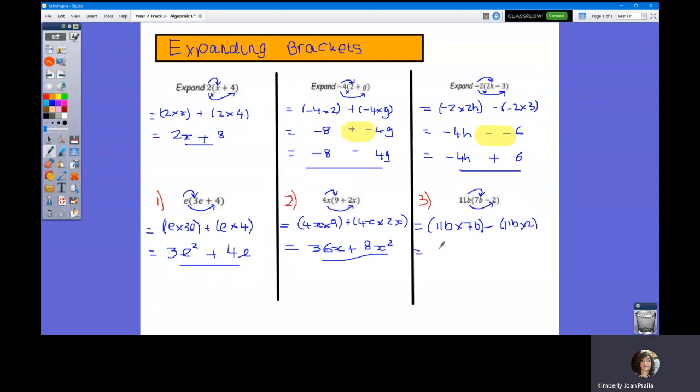So 11 times 7 gives us 77. b times b gives us b squared. Minus 11b times 2 gives us 22b. We don't subtract these two since they are of different variables. b squared and b do not belong to the same family. So you leave your expression like that.